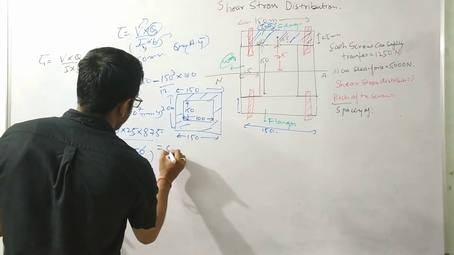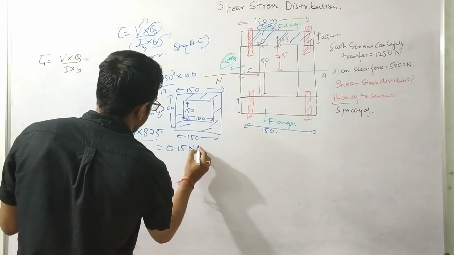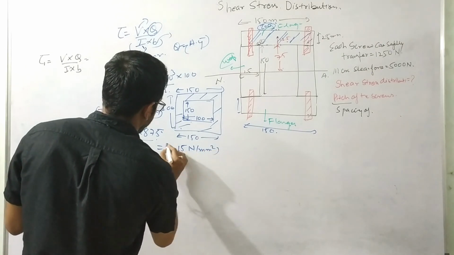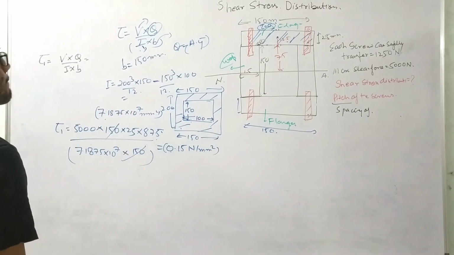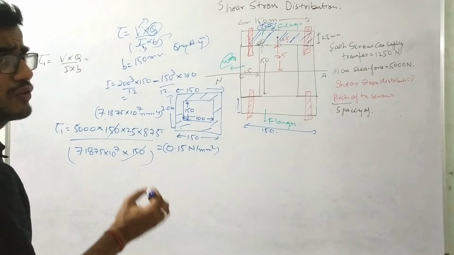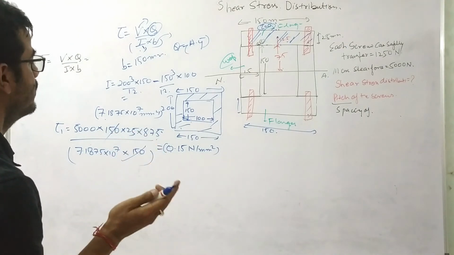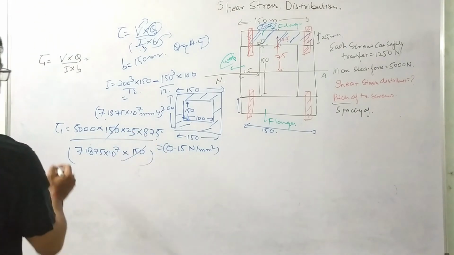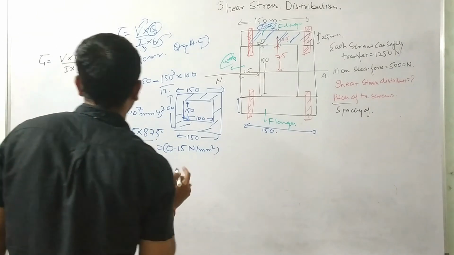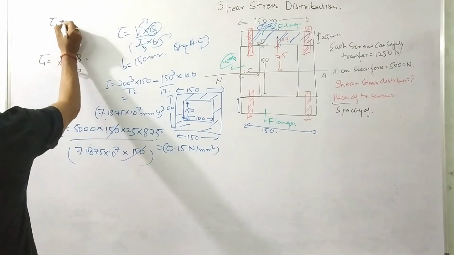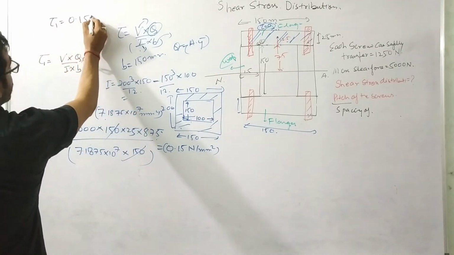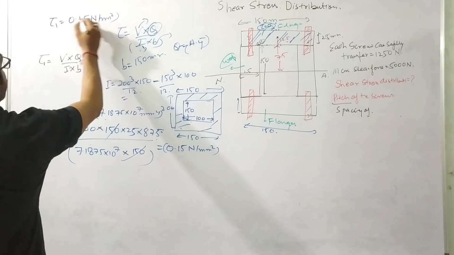So tau is coming out to be 0.15 Newton per mm square. And we know that the variation for the rectangular section is parabolic. So tau1, just above the junction, is 0.15 Newton per mm square.